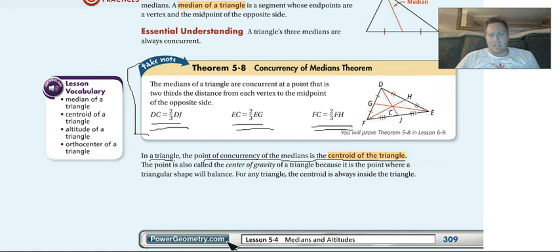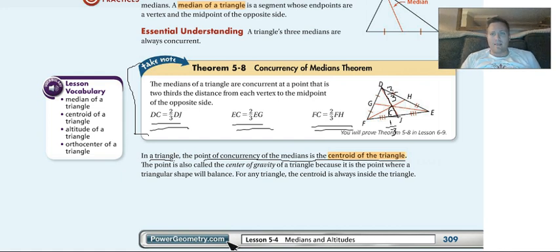It says DC, so this length right here is 2/3 of DJ. This line right here is the line that we're talking about. Just this first part right here is going to be 2/3 of the entire line, which means that this portion right here is going to be 1/3, because 1/3 and 2/3 add together to equal 3 out of 3, which is one line.